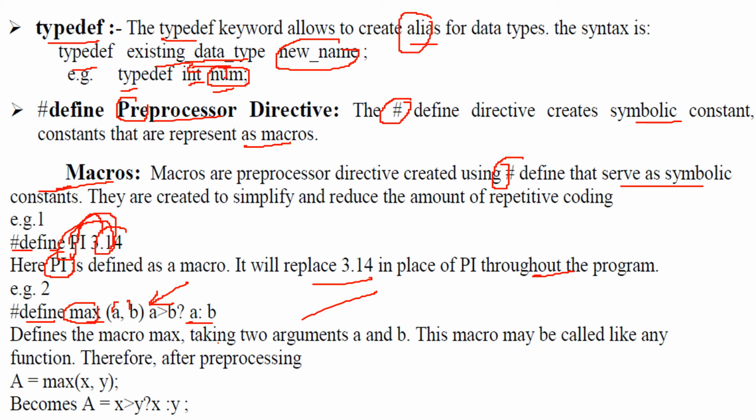As an example, after preprocessing, a = MAX(x, y) becomes a = (x > y) ? x : y. If x is greater than y, x is assigned to a, otherwise y is assigned. We should understand that with macros, the content is placed inside your code, so this code is put in here.